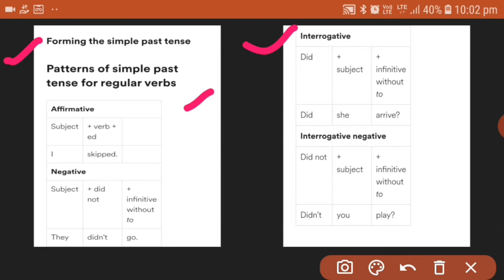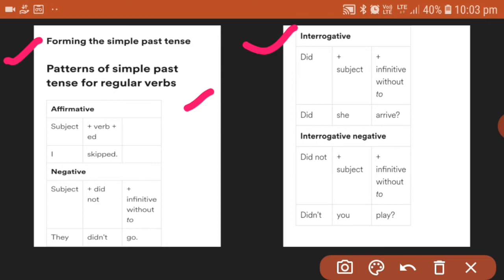Negative. In negative sentences you can use not, but it is also confirmed that we can't use not in sentences without a helping verb.